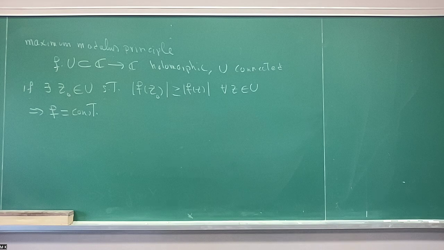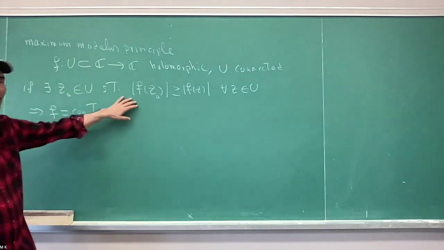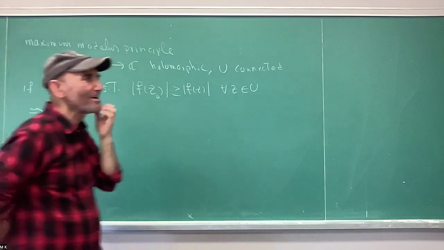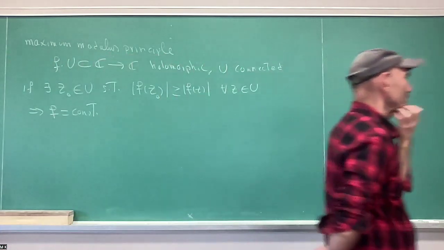Another statement of this is that if this happens, the point is on the boundary. The maximum tends to be on the boundary. These sorts of functions are actually hard to visualize, but we'll see.